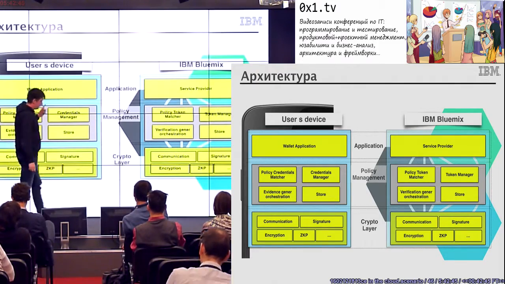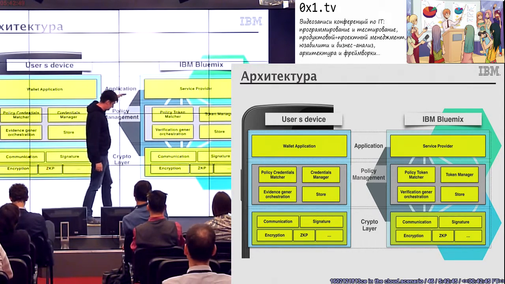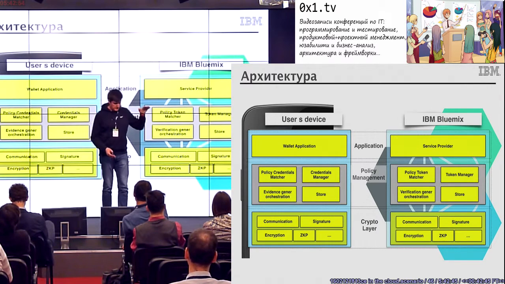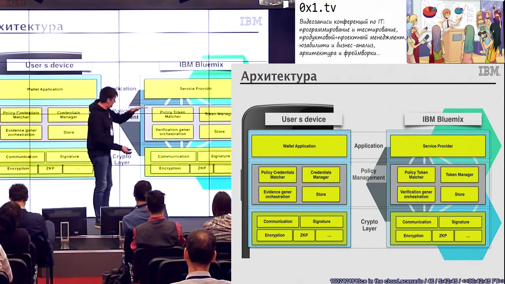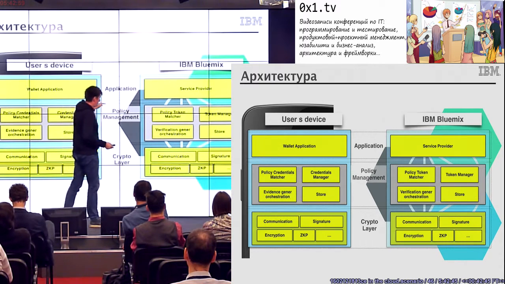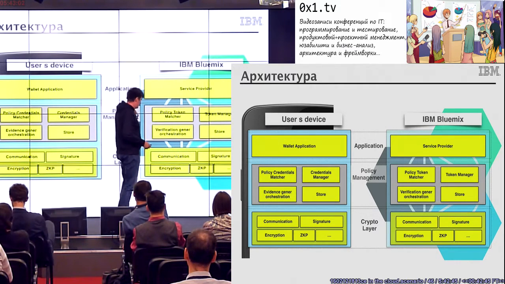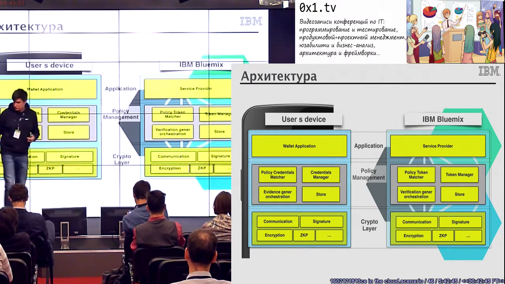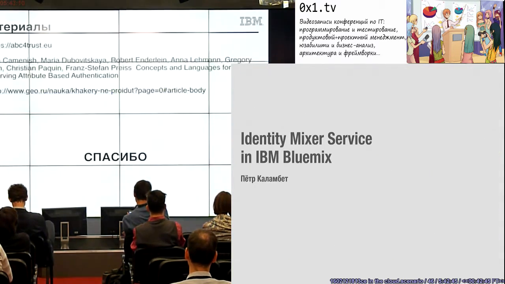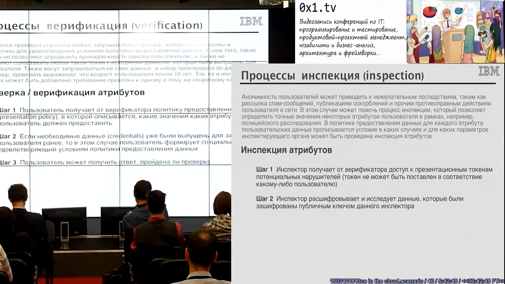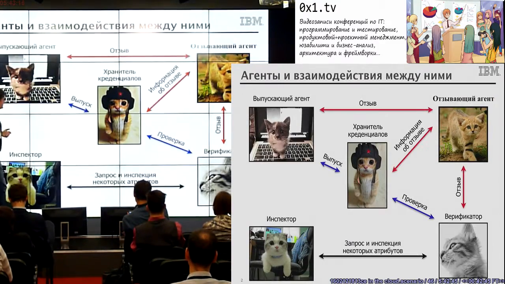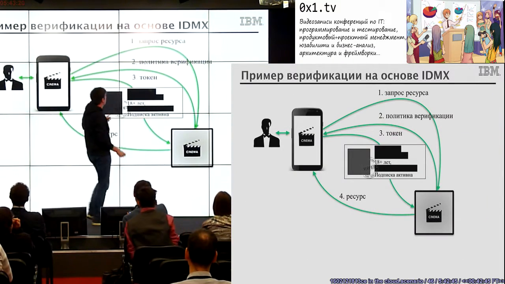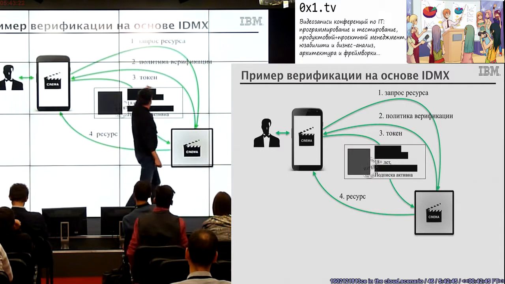On the side of Bluemix, we have a certain service. This service keeps a certain list of policies that we're going to check. So let's assume a request for a resource, right?